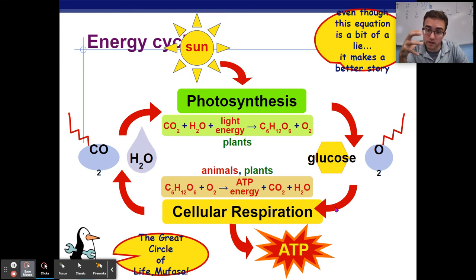Now, in terms of putting it all together with cellular respiration, the equation's familiar because they evolved together. The outputs of photosynthesis, the glucose and the oxygen, become the inputs for cellular respiration. And the outputs, the carbon dioxide and the water, become the input for photosynthesis.